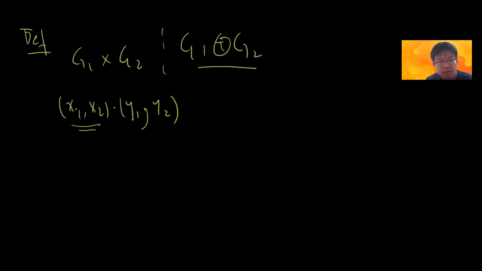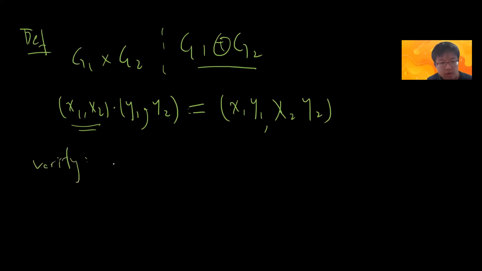For the Cartesian product, let the elements be (x1, x2) and (y1, y2). Then the group operation is defined as (x1 y1, x2 y2). It is an easy verification that G1 times G2 is a group.